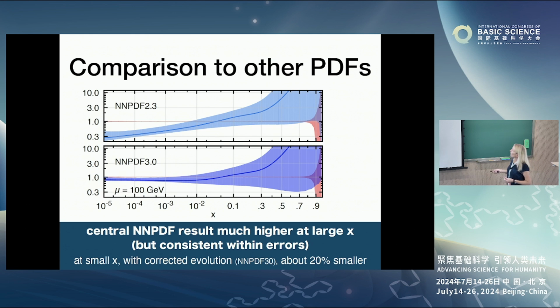Again, this is now a comparison to our parton distribution function. So, for instance, you see this was NNPDF 2.3 and 3.0. Somehow they changed a bit their data. You see that their result from here to here changes quite a lot, not inside their own uncertainty. And this is our determination here with our uncertainty.